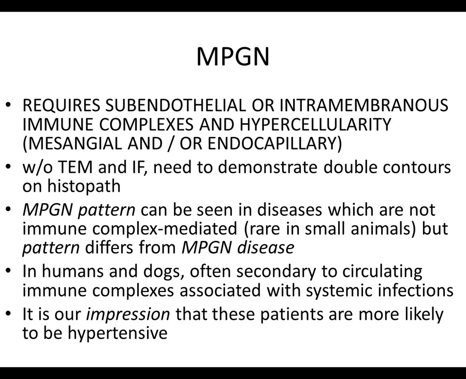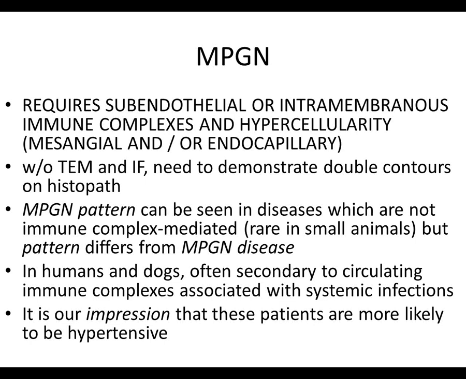Having hypercellularity, having some thickened glomerular basement membranes can actually be seen in a couple of diseases that are not mediated by immune complex deposition. And in humans, it's very important to discern between the ones that are not immune complex disease and the ones that are, because you treat them completely differently.